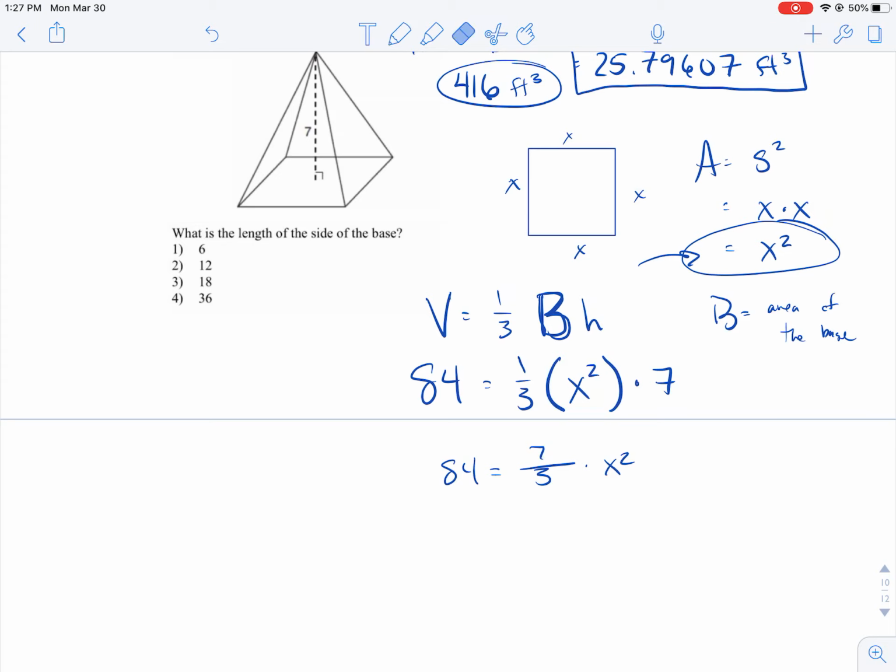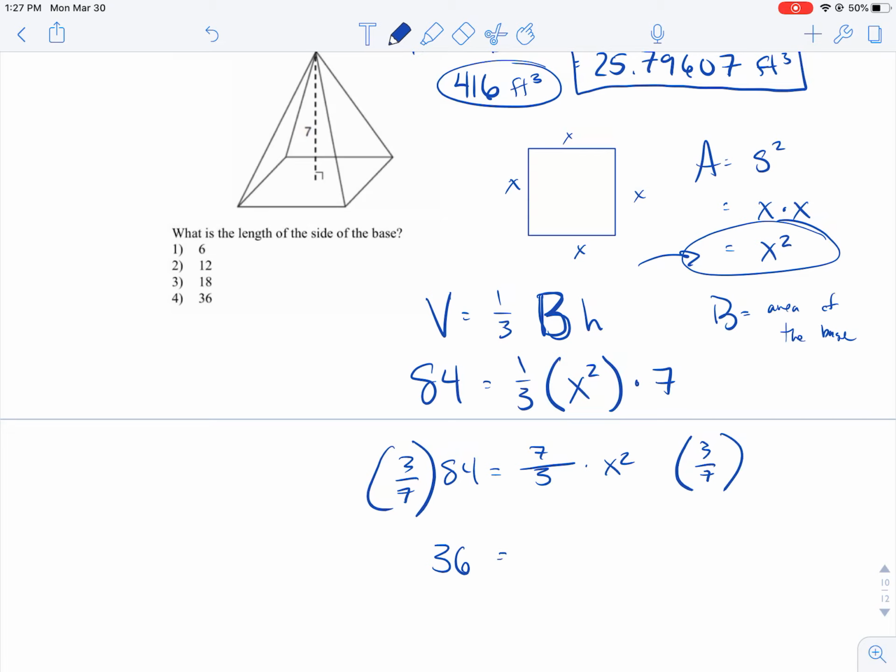So 84 is equal to 7/3 times x squared. And so we multiply both sides by 3/7. That's the multiplicative inverse.